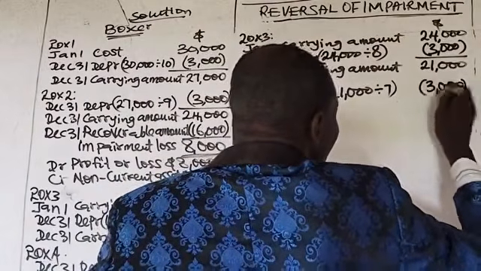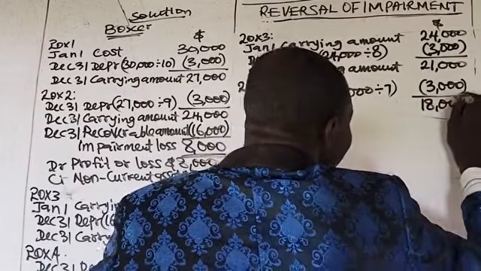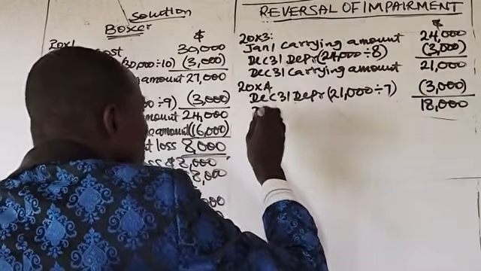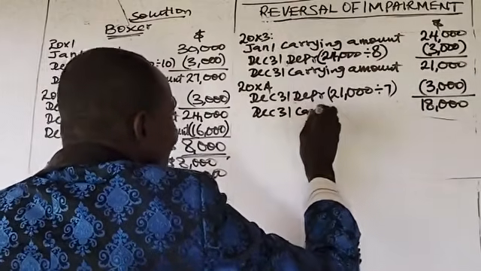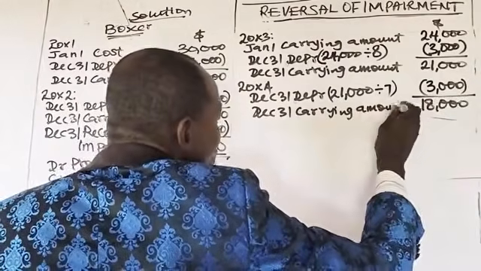If you subtract 3,000 from 21,000, you'll be left with 18,000. That is the carrying amount as at December 31st, 20x4.